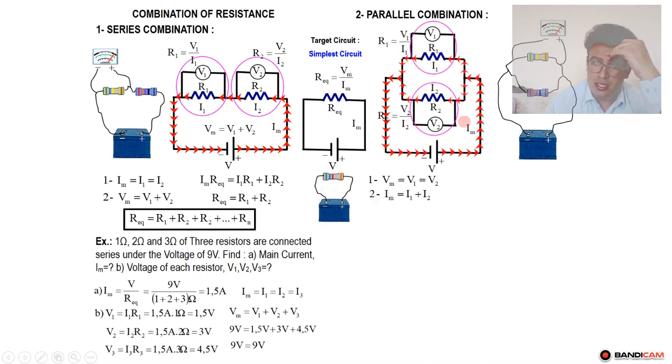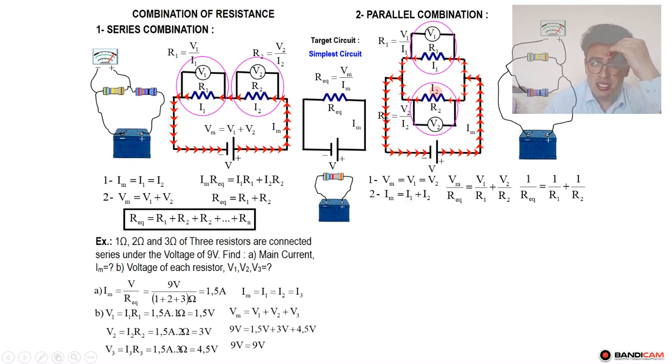Again, for finding the resistance of each of them, we apply Ohm's law: R is equal to the potential difference divided by the current. Dear student, look, we have two things.